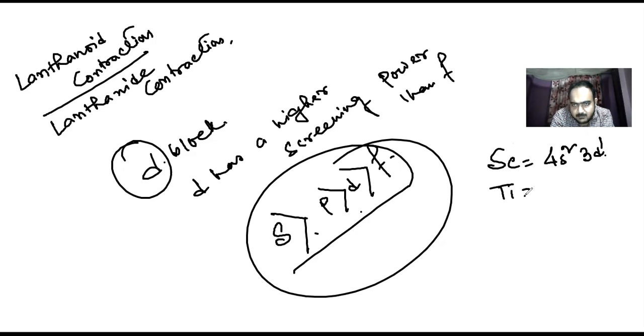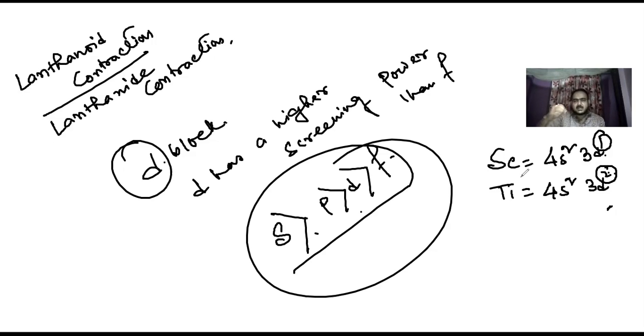In case of titanium, 4s2 3d2. As the atomic number increases, the number of electrons in the valence shell also increases. As the number of electrons increases in the valence shell, you should remember the screening power of the orbital goes on decreasing due to the interelectronic repulsion.